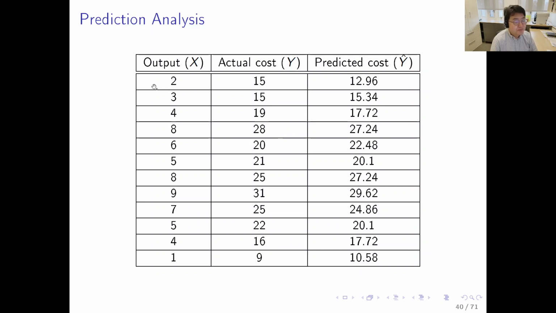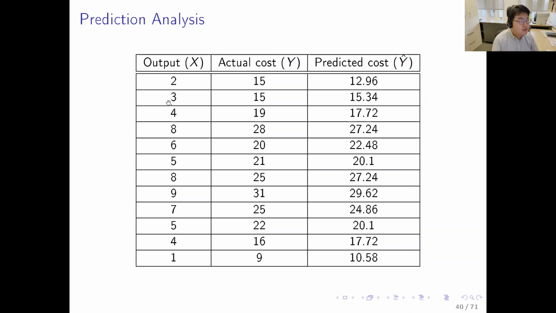In January, we observed $15,000 as the whole cost, but it should have been smaller, 12.96. So approximately 2 is some kind of error. We spent an additional $2,000 somewhere in January.